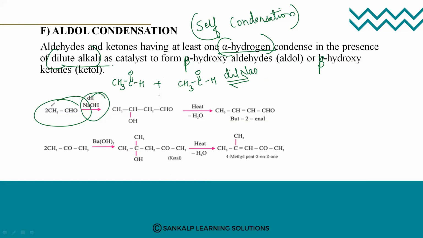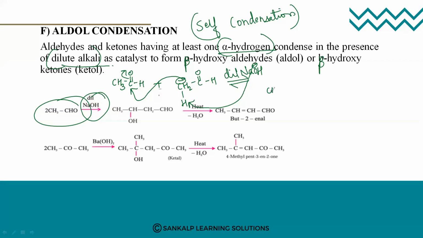So see here, this will be CH2. Now what will happen? This will form a negative charge. This OH will abstract this proton and it will become CH2 negative. This CH2 will attack this carbonyl carbon and it will form like this.